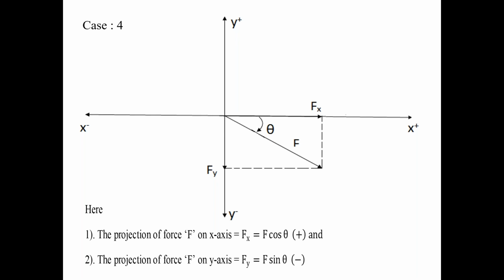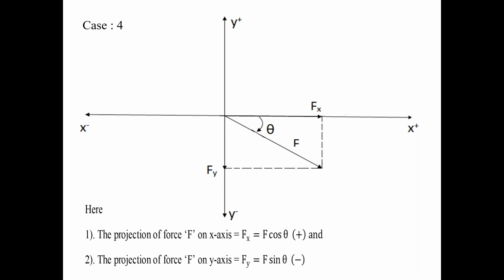In that condition also, projection Fx is equal to F cos theta, projection Fy is equal to F sin theta. Fx is negative, Fy is positive projection. In the third condition, force F is making the angle theta with the x-axis. Here also, Fx is equal to F cos theta, Fy is equal to F sin theta.